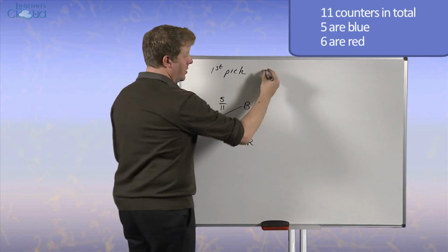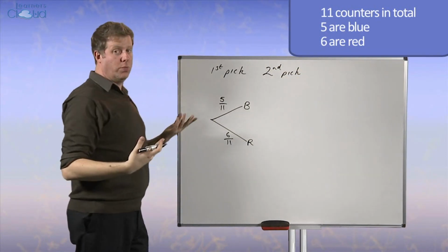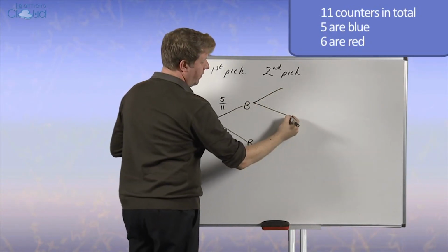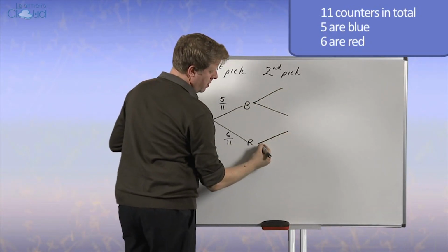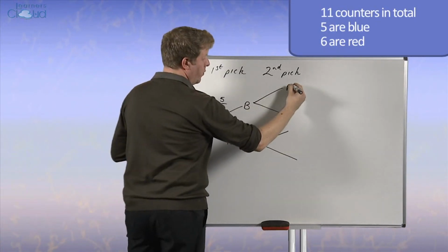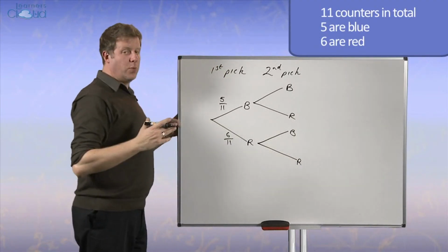Now, on the second pick, I still have the options of getting a blue or a red. So for each outcome on the first pick, I now have two outcomes for those. Again, blue and red. But this is where we have to be careful.